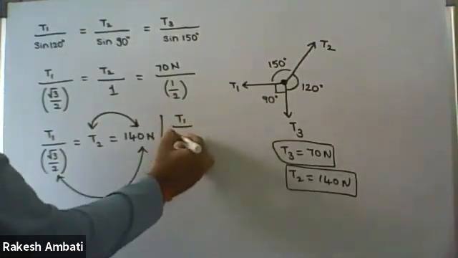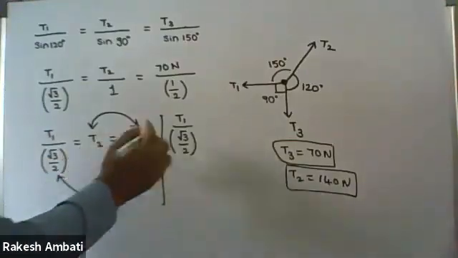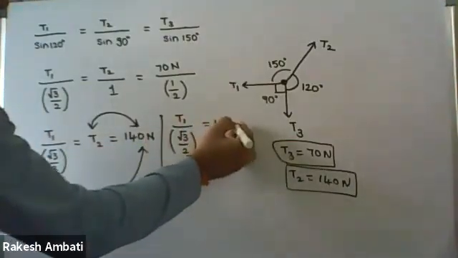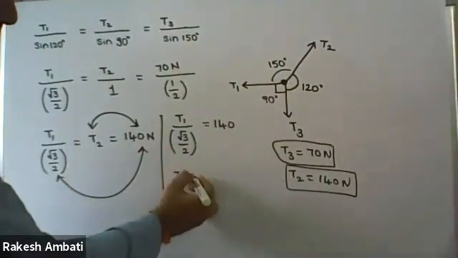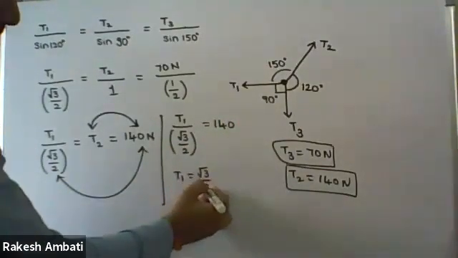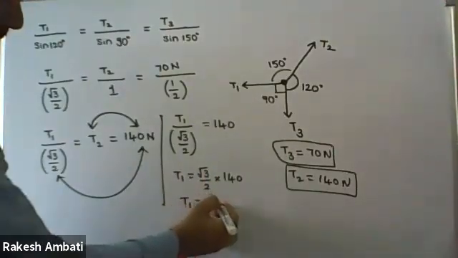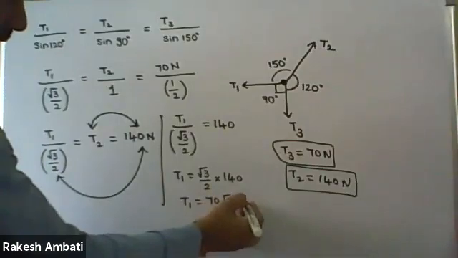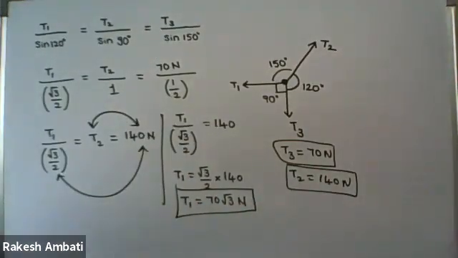T1 upon root 3 by 2 equals 140. So root 3 by 2 you bring to the right hand side. Therefore T1 equals root 3 by 2 into 140. If we simplify, T1 equals 70 root 3 newtons. Now these are the values of T1, T2 and T3.